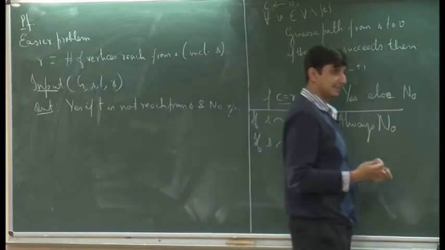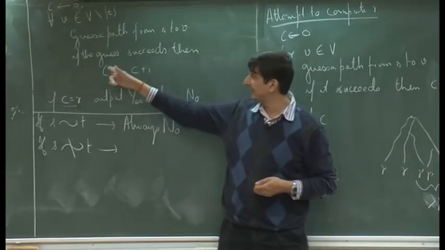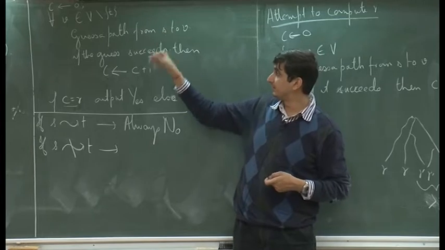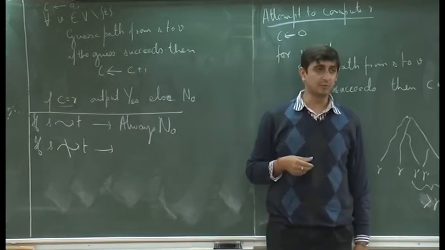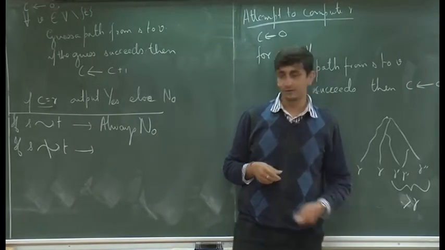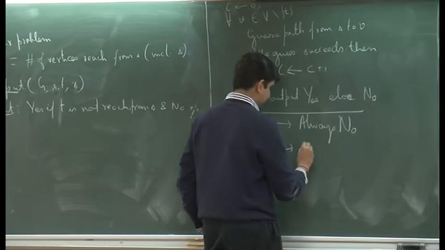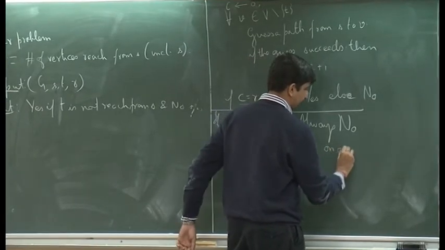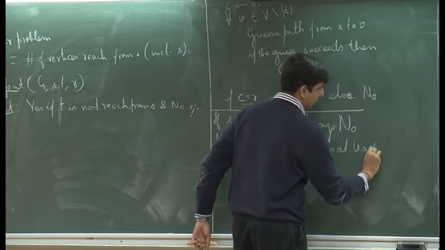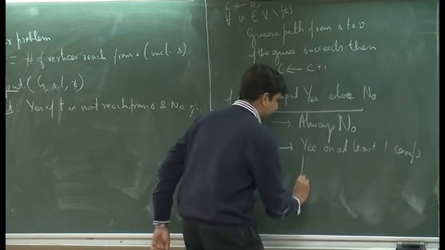But the point is that there will be at least one computation path along which I will correctly guess all the vertices that are reachable from S, and therefore, C will be equal to R, and therefore, I will output yes. So, it is yes on at least one computation path.